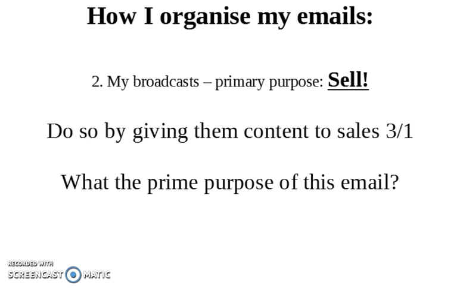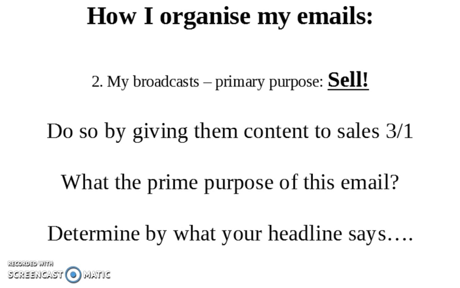Okay. You can summarize this by saying determine what is the prime purpose of the email by what your headline says. If it's promoting free content, it's a content email. If it's actually drawing attention to and trying to get a sale, then that obviously is a sales email. So you want to mix those up 3 to 1.